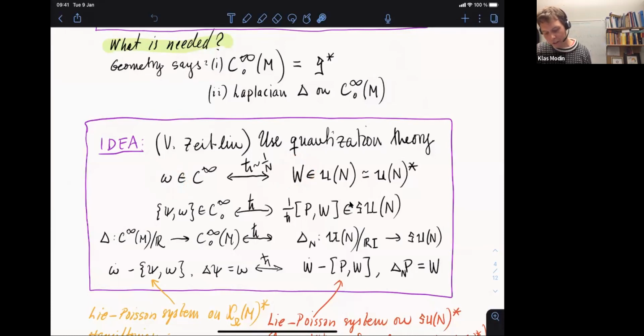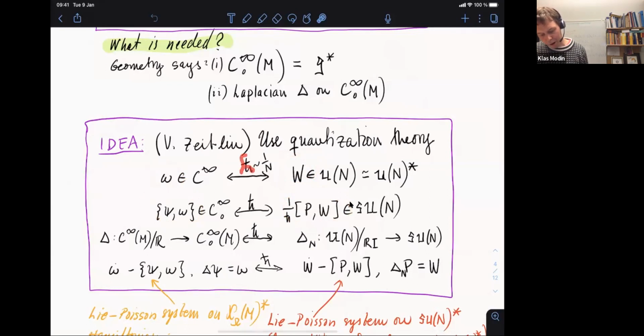In general, these are operators. If your underlying manifold is not compact, you cannot hope to make this finite dimensional. But because we're on a compact manifold, we can hope to make this finite dimensional. So this is what we're aiming to do: replace vorticity functions by skew Hermitian matrices, in such a way that the Poisson bracket is approximated up to some level by the matrix commutator.